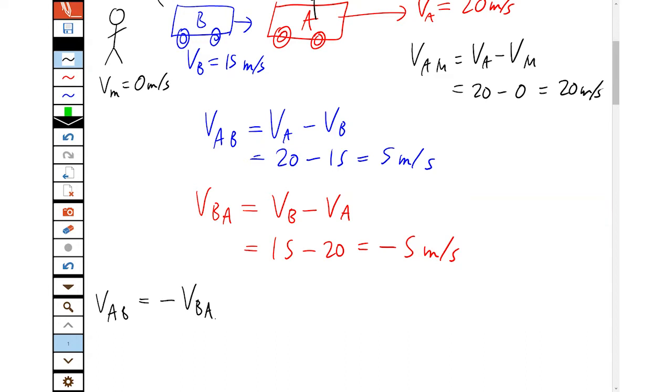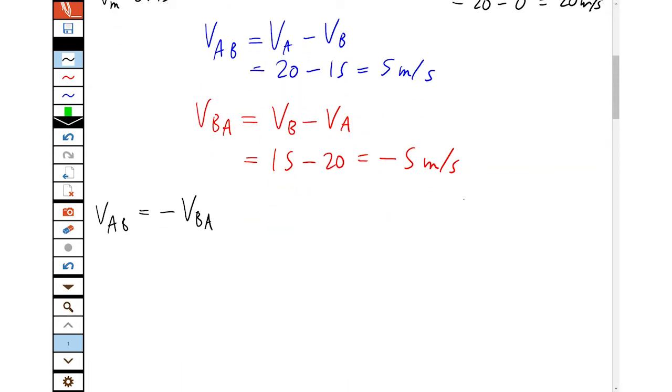Now, why do I mention this? Because your own notes present this in a correct but slightly unintuitive way. You'll see in some of your own notes, they say velocity AB is velocity AX plus velocity XB, which is correct in terms of their relative velocities to some third point X, but I find sometimes people have difficulty picturing that.